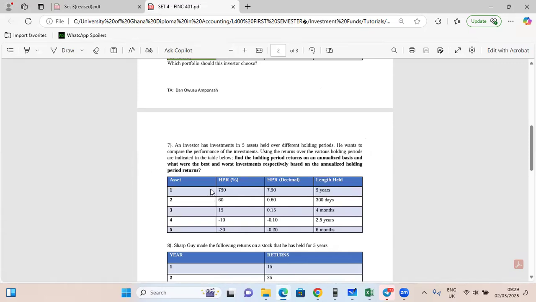So now let's go back to the question. The person is asking us to find, using the various returns indicated below, what were the best and worst investments respectively.